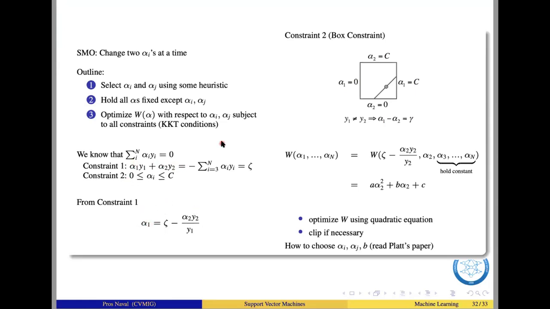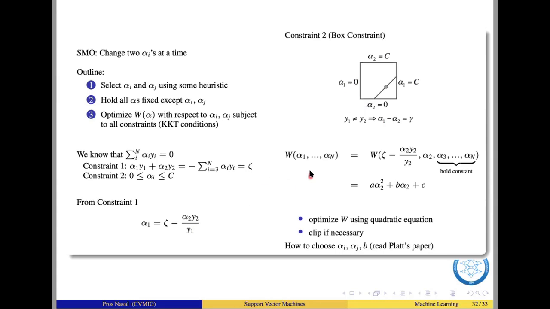Now the second constraint is called the box constraint because we want our alpha 1 and 2 to be within 0 to c and 0 to c. So we want our point to be inside this box, 0 to c in one dimension and 0 to c in the other dimension.